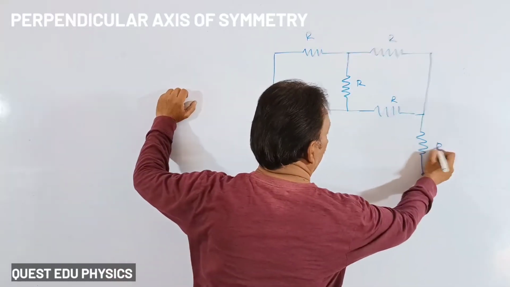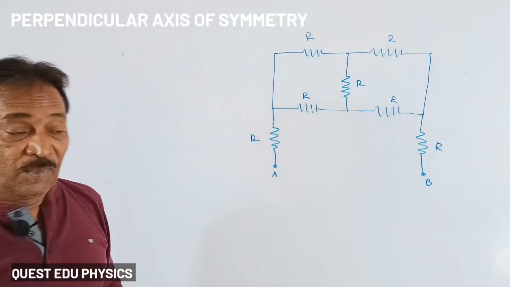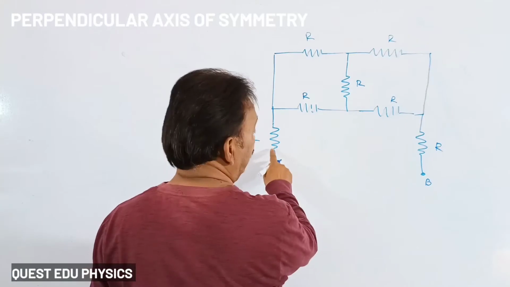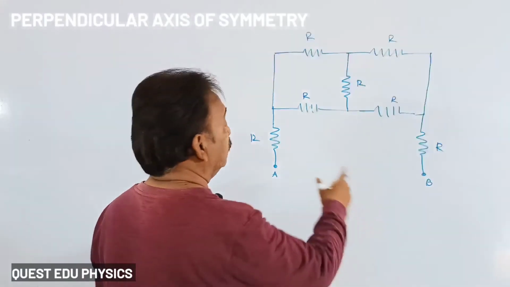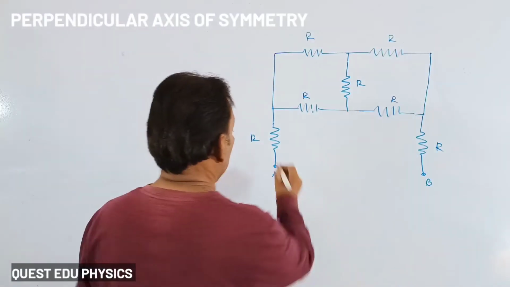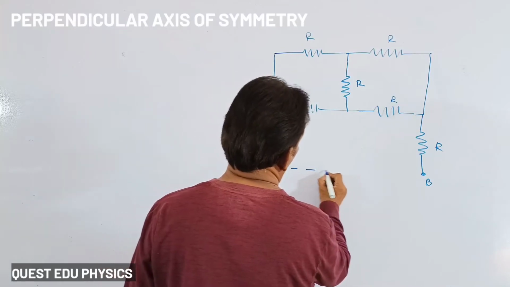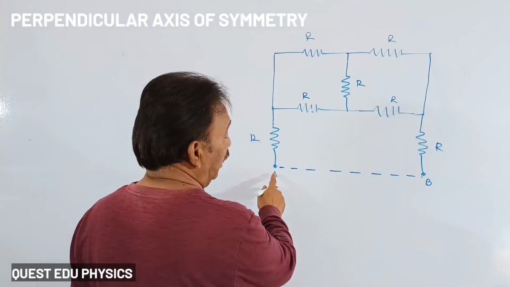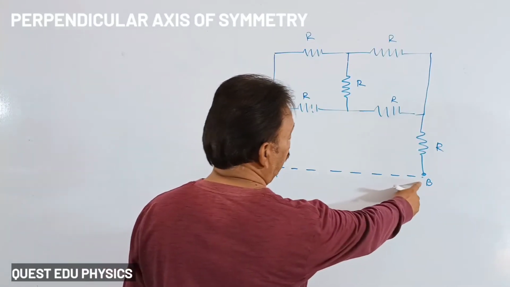Students, again we have to follow the axis of symmetry here. As I said earlier, you have to draw an axis along the points between which we have to find the effective resistance.